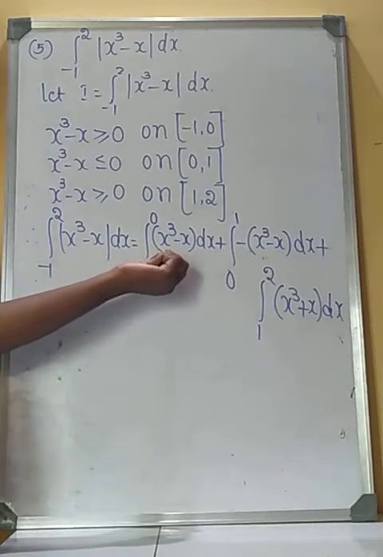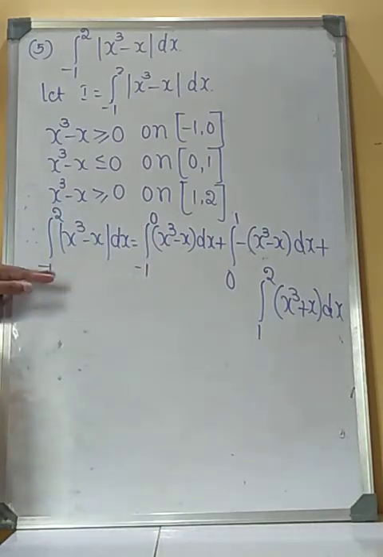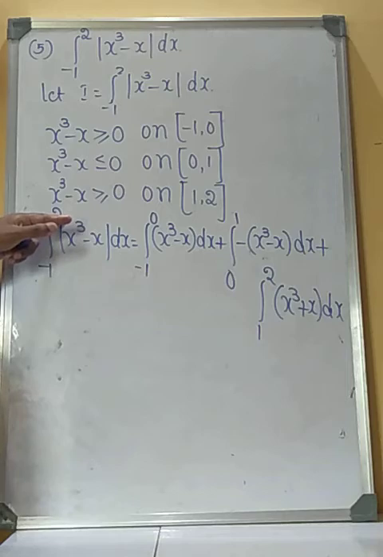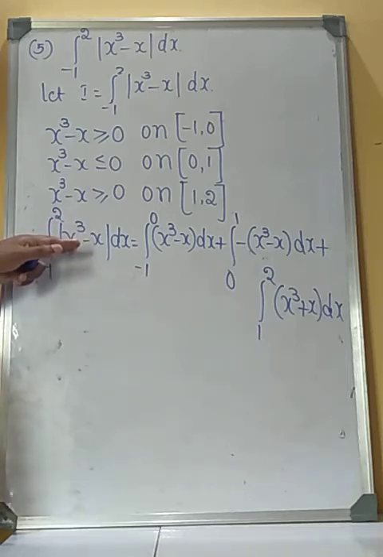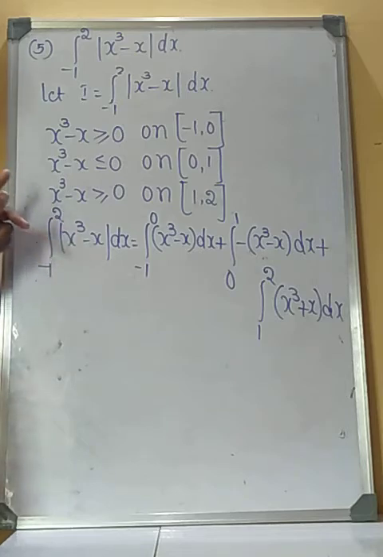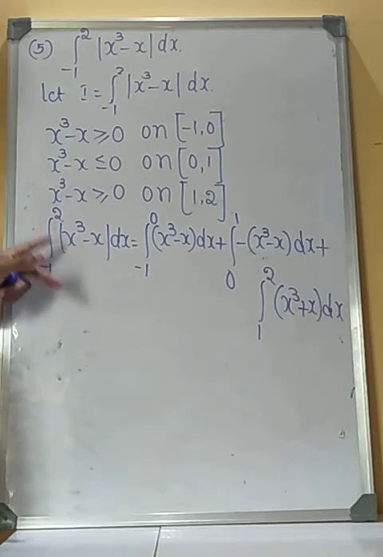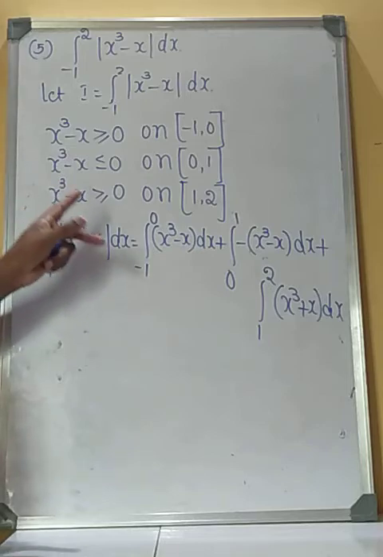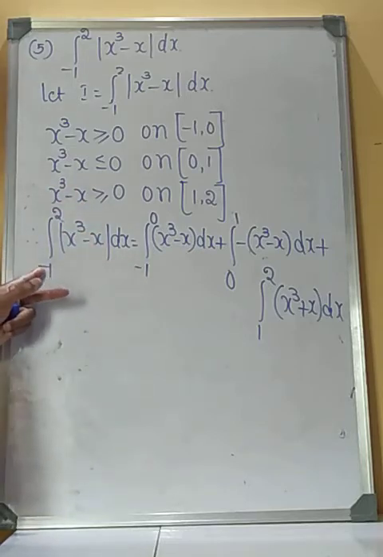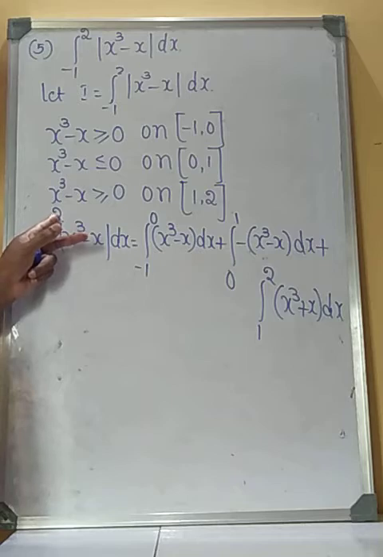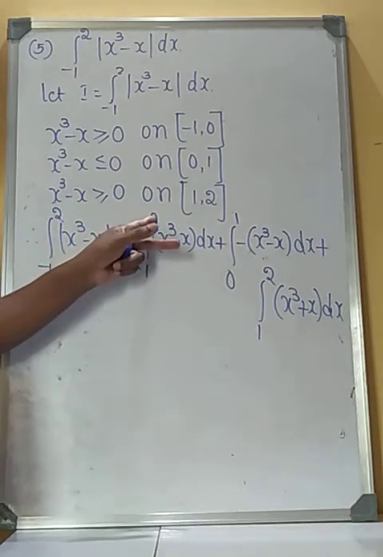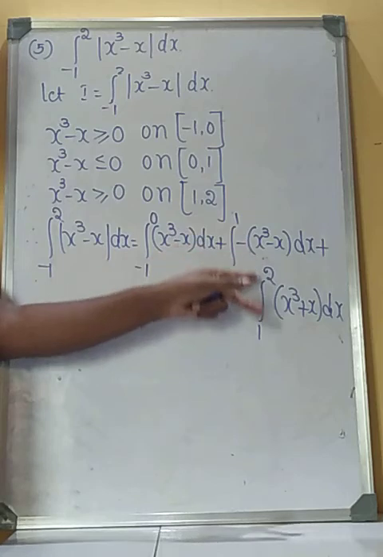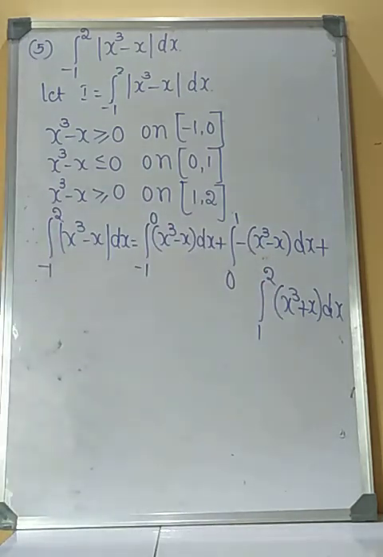So by using property 3, integral a to c of f of x into dx is equal to integral a to b of f of x into dx plus integral b to c of f of x into dx. Here integral minus 1 to 2 can be written as minus 1 to 0, 0 to 1, 1 to 2. So therefore, evaluate these integrals.